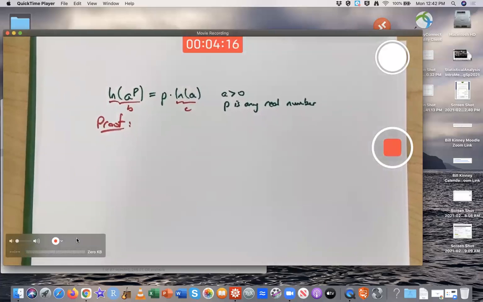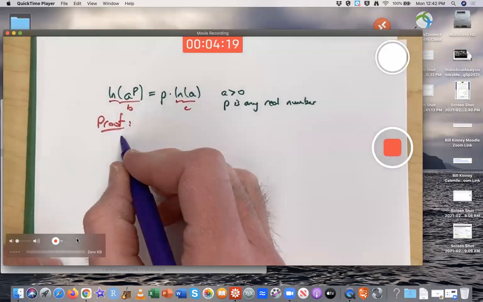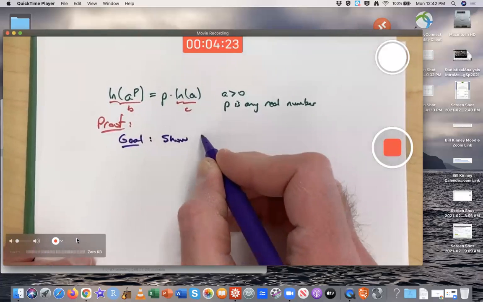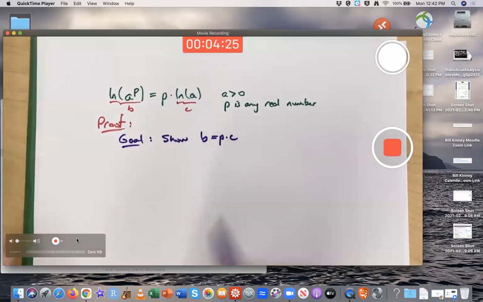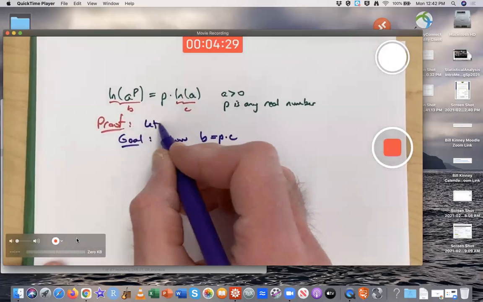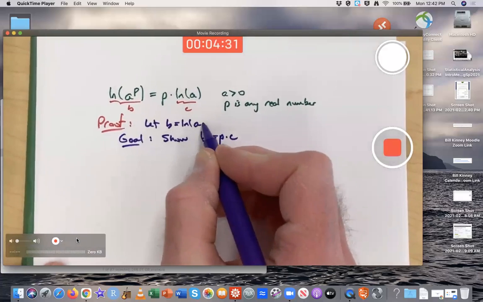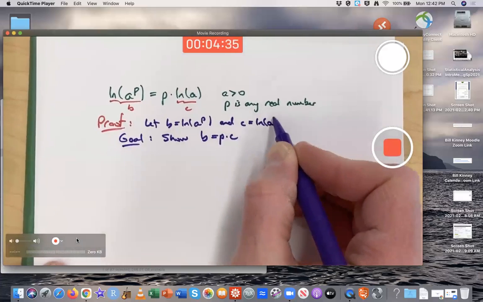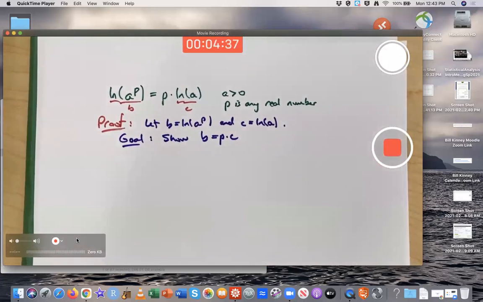So the goal is to show that b equals p times c. If I let b equal the natural log of a to the p and c equal the natural log of a.